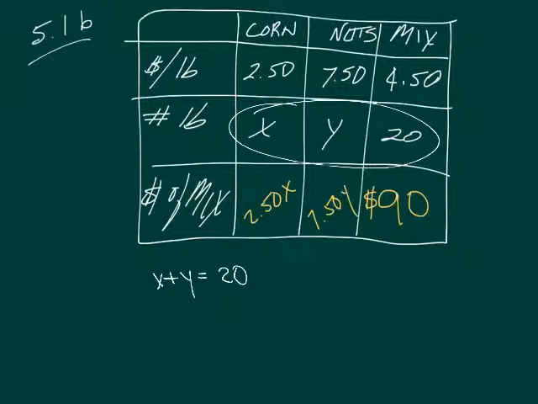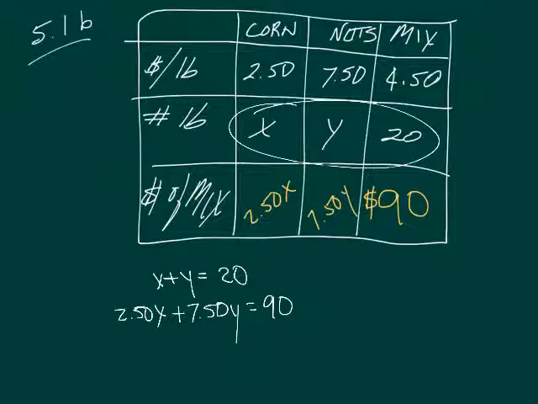I also know that if I take $2.50 times how many pounds of caramel corn, plus $7.50 times how many pounds of mixed nuts, I'm going to get $90 worth of mixed snack. So I have those two: 2.50x plus 7.50y equals 90.